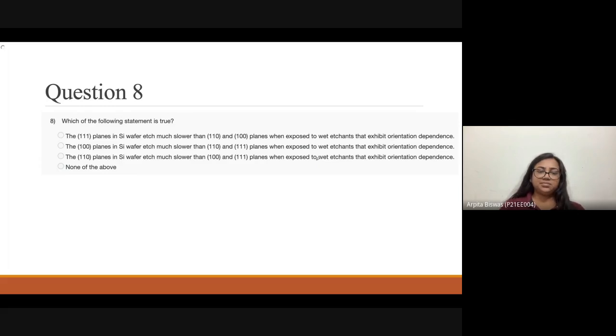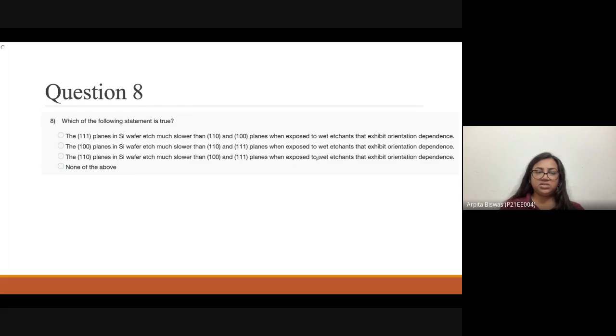Which of the following statement is true? The first option is the 111 plane in Si wafer etch much slower than 110 and 100 plane when exposed to the wet agent that exhibit the orientation dependence.